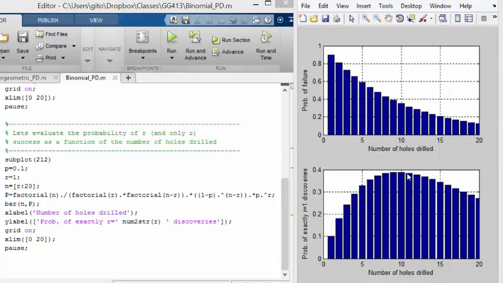Beyond about 10 holes drilled, there's an increasing likelihood that we would find more than one. So the probability of finding only one actually goes down after about 10 holes. Does that make sense? I hope that's clear.